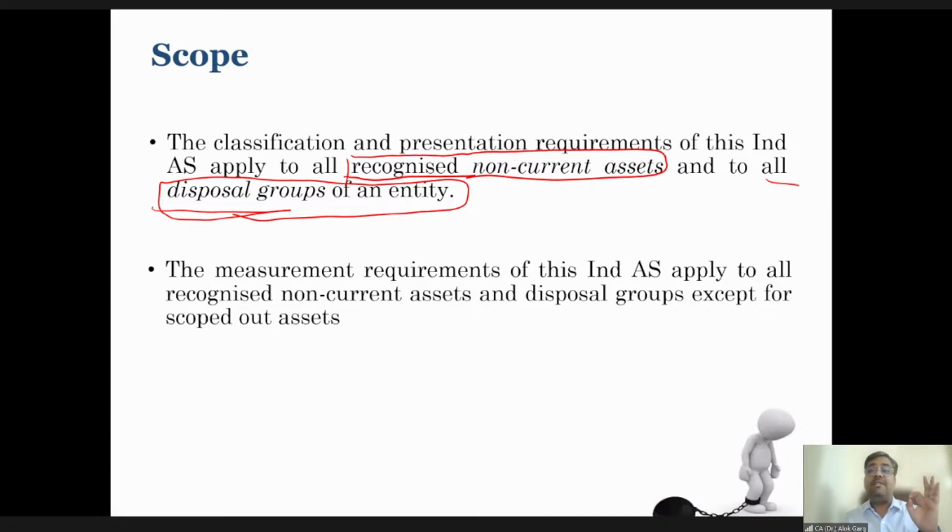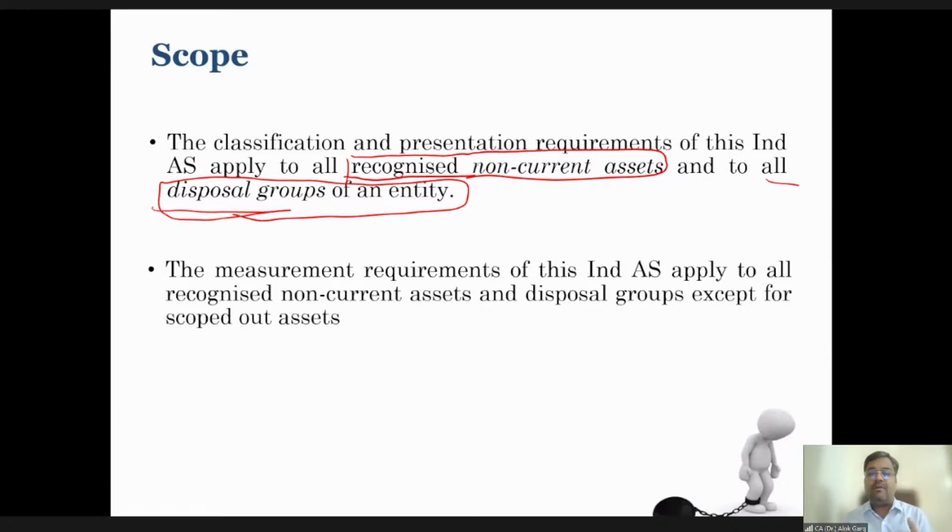If something is recognized as non-current, it will be classified as current in this standard if the held for sale condition is met, which we are going to discuss later on. So this standard does not talk about any operating cycle, current, non-current, nothing.